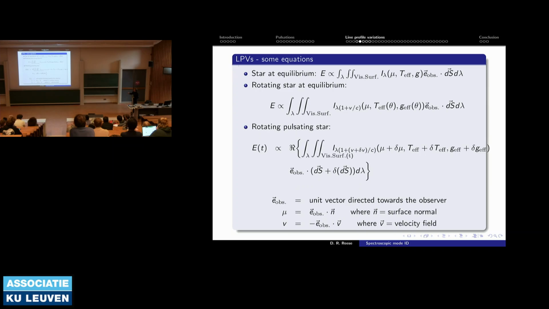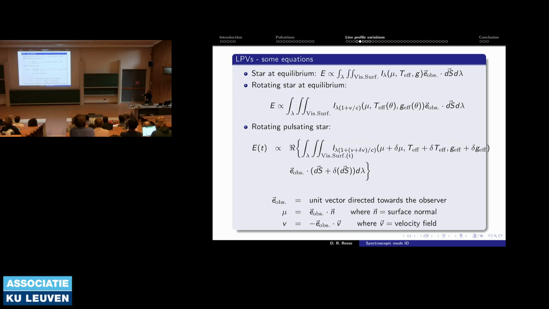And here we went from gravity to effective gravity because, of course, the centrifugal force is also going to intervene in addition to the gravitational force. Okay. And then afterwards, if we have a rotating pulsating star, well, you're going to have perturbations to the velocity field, which are induced by the pulsations. You'll have perturbations to all of these parameters and to the surface elements. And you have to take all of that into account.